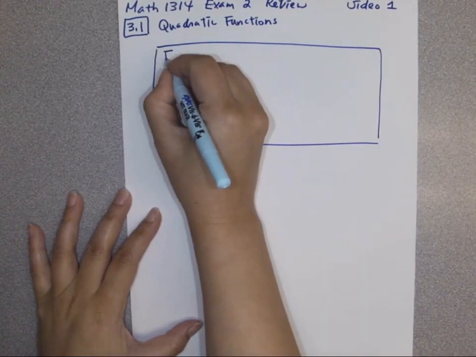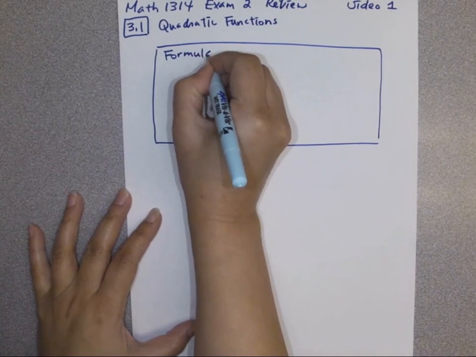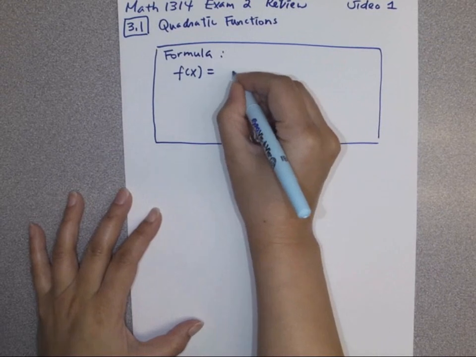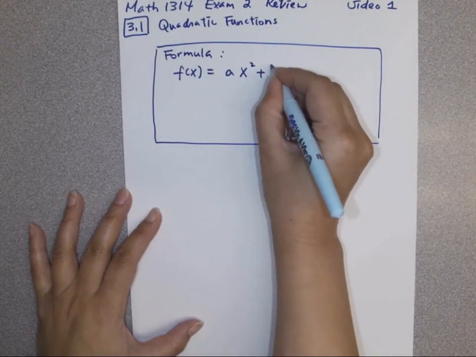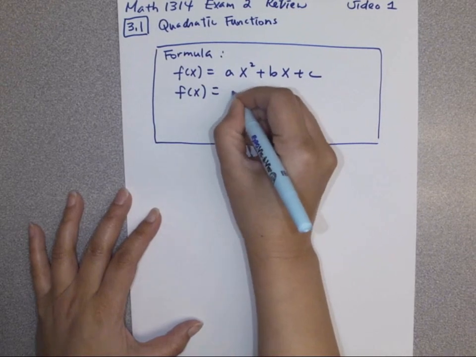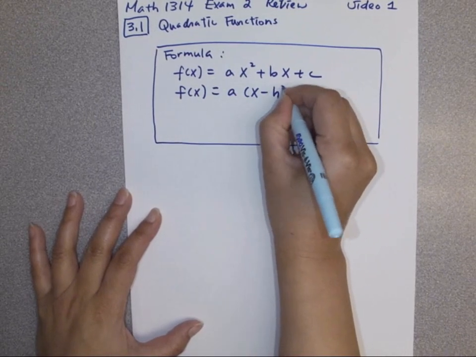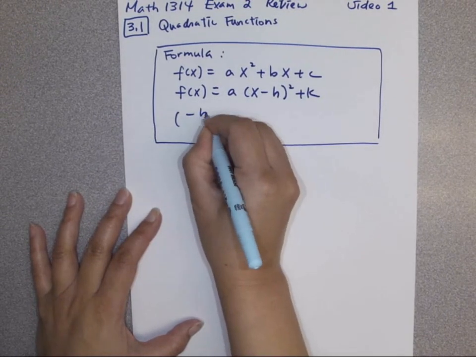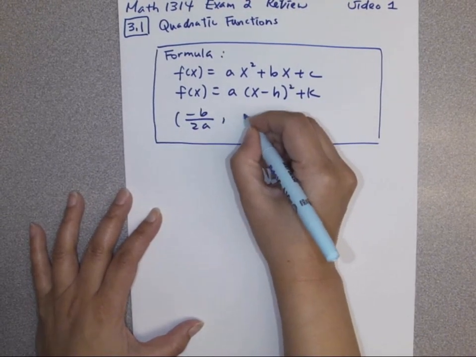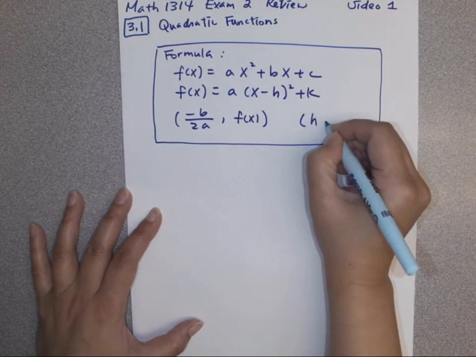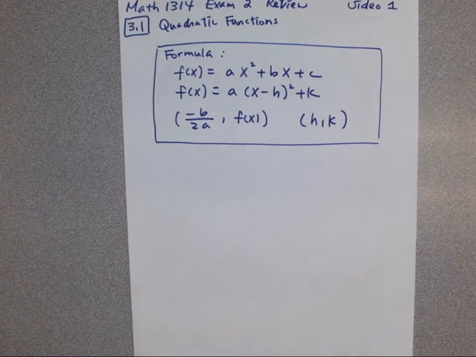So the formulas would be the general form and the standard form, and how do you use them to find your vertex or maximum or minimum point. So if you know how to use them, on the test you will be able to use them.